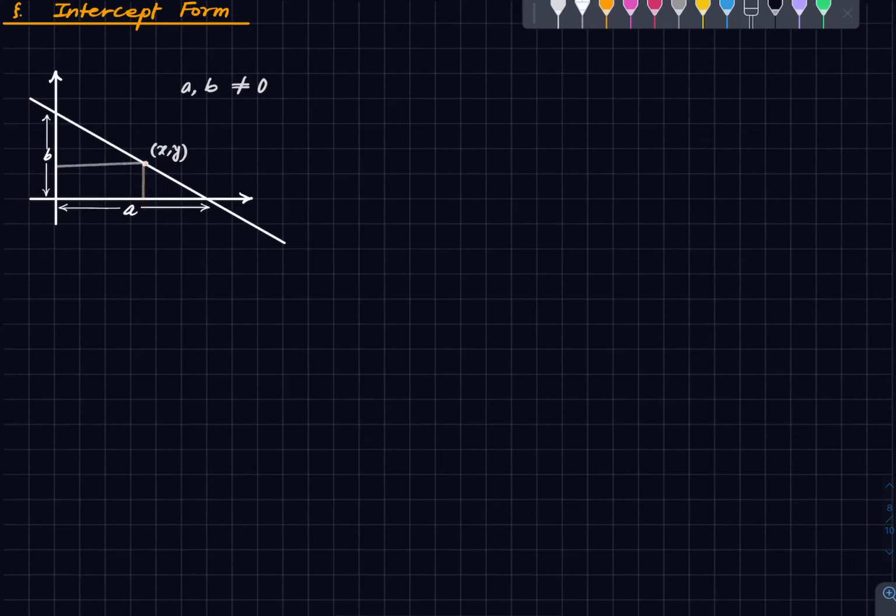So this point is x comma 0, or maybe better yet, we just need to record the distances, sorry. So this is x and this is y. Okay, maybe a different color would help. This is confusing me.